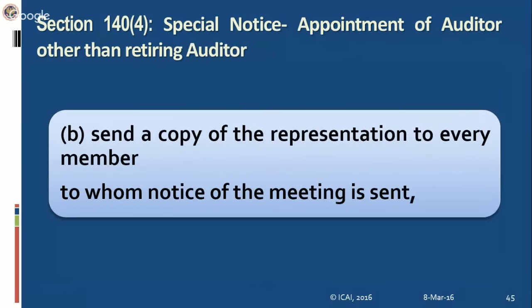In simple words, send a copy of the representation to every member to whom notice of the meeting is sent.